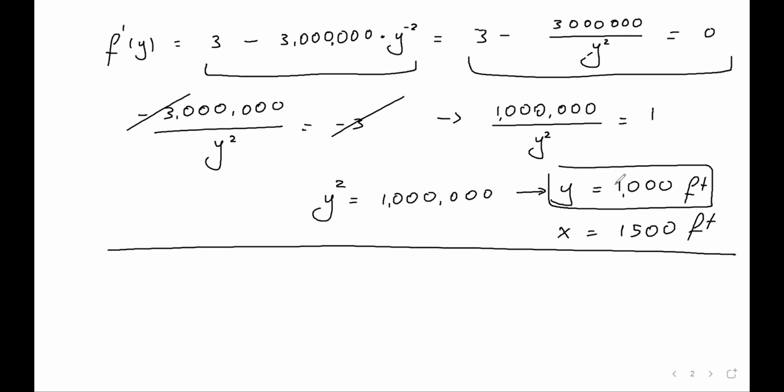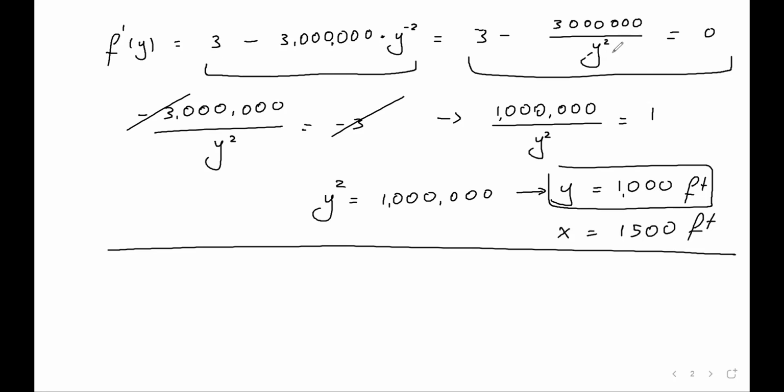However, if you want to go one step further and show me that this is truly the minimum and not the maximum, because it could be a maximum, we didn't rule that out, you can look at the sign of the derivative and you will easily see that. For example, when y, so where did we get, oh, y is 1000.